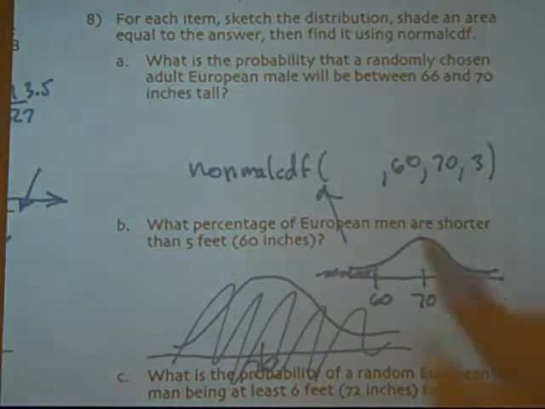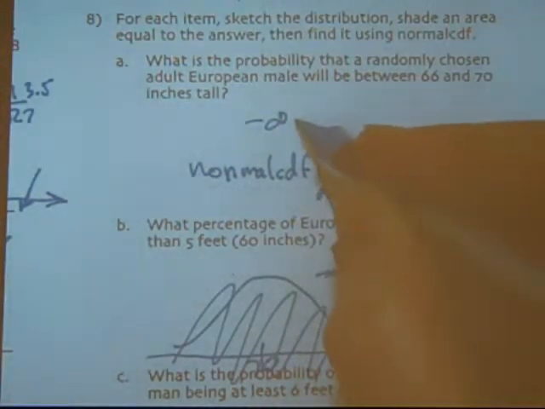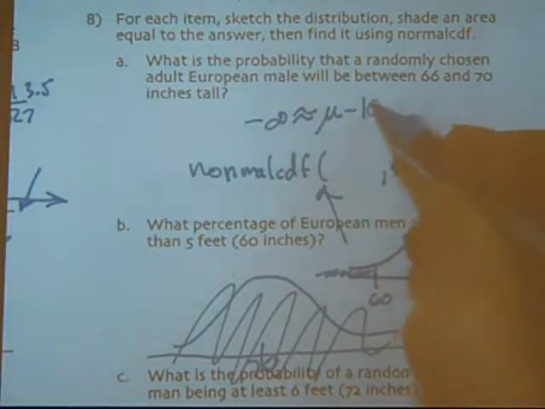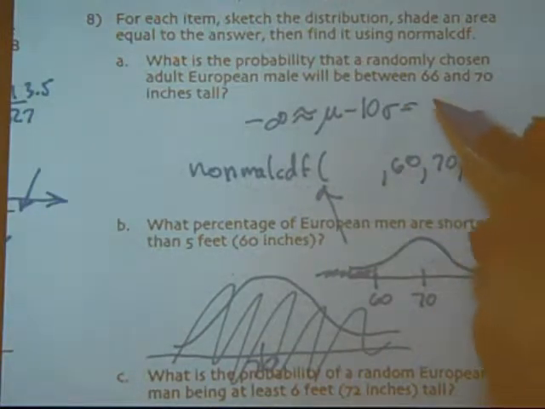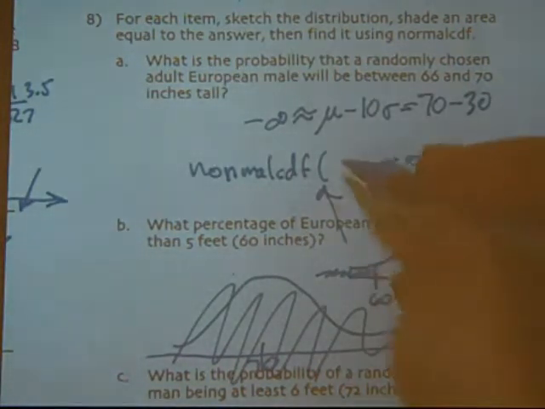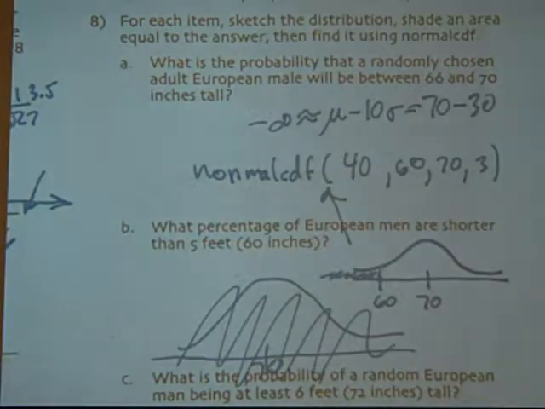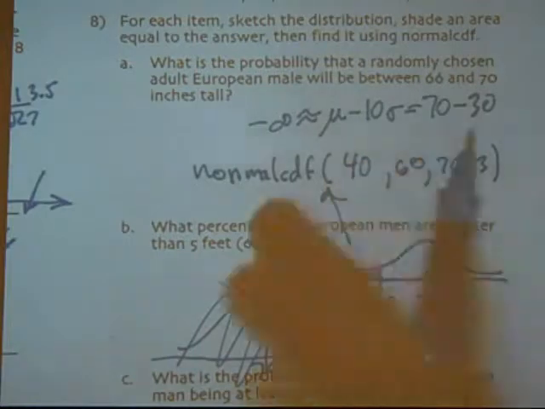So our rule of thumb for that is, negative infinity, we're going to approximate this with the mean minus 10 standard deviations. So basically, just take 70, the mean, and subtract 30, 10 times the standard deviation, and you can use 40 in here for negative infinity. You can even punch in 70 minus 10 times 3 right in your calculator, and it'll do it for you.